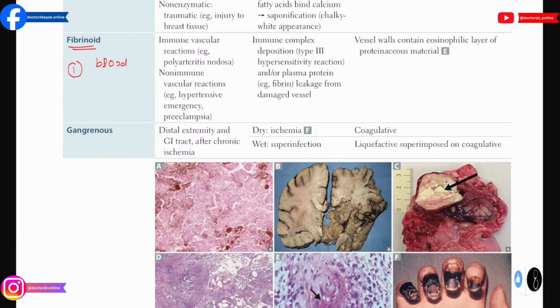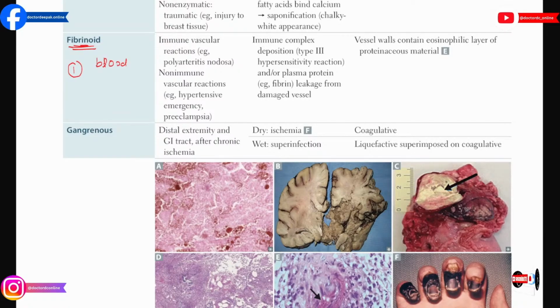When the blood vessel wall gets damaged, there is leakage of proteins, including fibrin, into the vessel wall. That's why it is called fibrinoid. Fibrin is a protein, and when this protein gets deposited in the vessel wall, it leads to a bright pink appearance under the microscope.